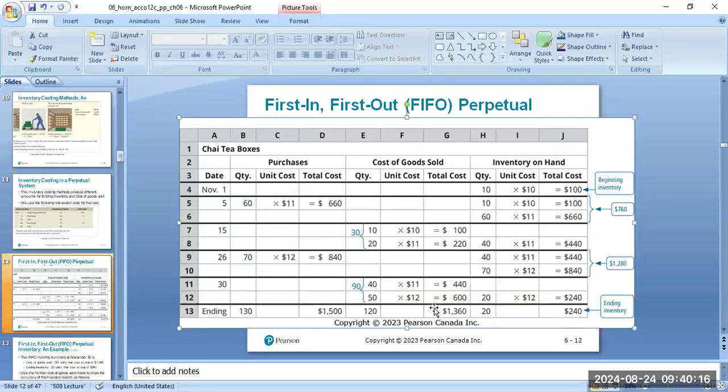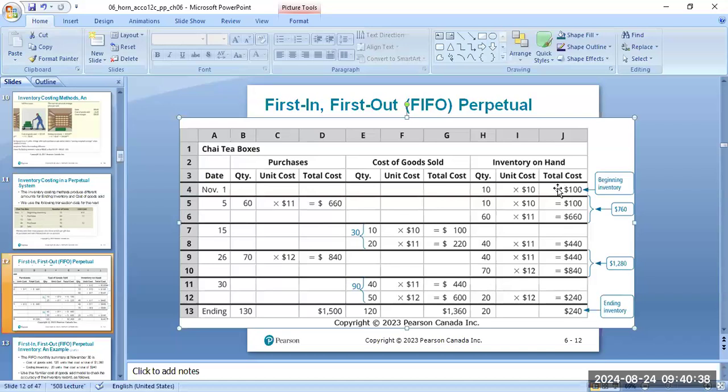For the cost of goods sold, I'm going to calculate the cost of the units that I sold with the associated cost for those units, and my total cost will be $1,360. Here they're showing the purchases, but they're not showing the beginning balance as part of the available.